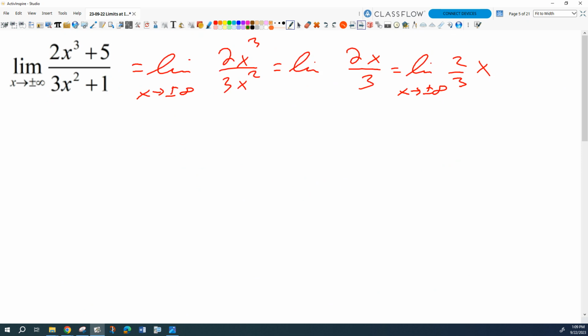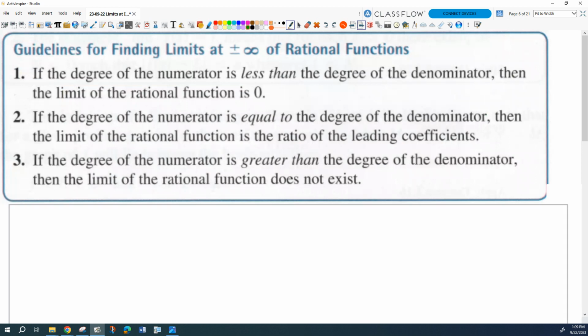So we could combine all that stuff into just a little set of rules that we can follow without doing any work. The guidelines for finding the limits of rational functions at plus or minus infinity is just that if the degree of the numerator is less than the degree of the denominator, then the limit of the rational function is 0.